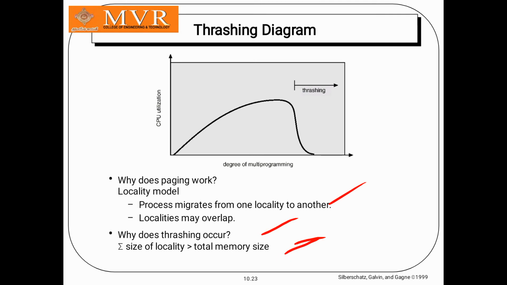On that basis the thrashing will occur. Here the degree of multiprogramming and CPU utilization will increase over time, and thrashing occurs when the size of locality is greater than total memory size.